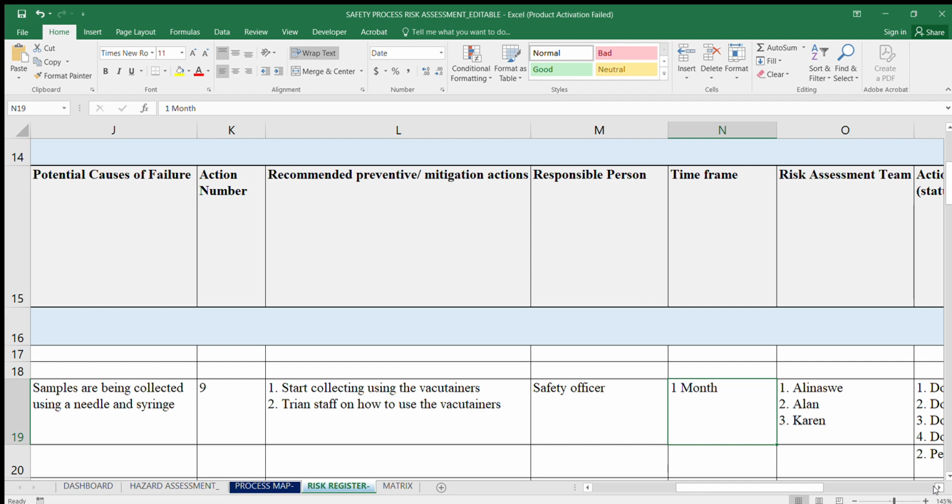Then also the complexity of the preventive action. If it's something where you're just creating a document and maybe you're supposed to do training, that will need a shorter time frame. But if it's something where you need to buy or procure something which is very expensive, at that point you may need a longer time frame, because you may need to look for the money to get that item.